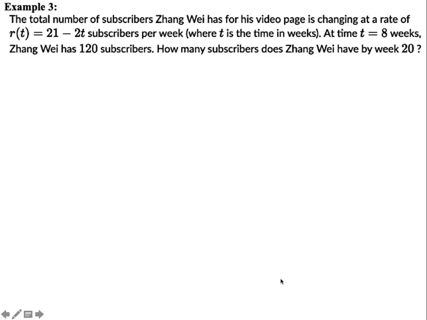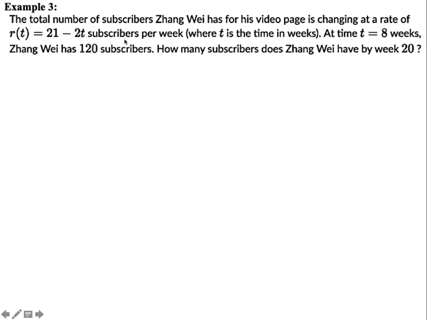Okay, let's take a look at some other ones where we could ask you this question, and let me point out the ways in which they ask you to do things. So here's an example. Total number of subscribers Zhang Wei has for his video page, so must be like a YouTube video producer, is changing at a rate of 21 minus 2t subscribers per week.